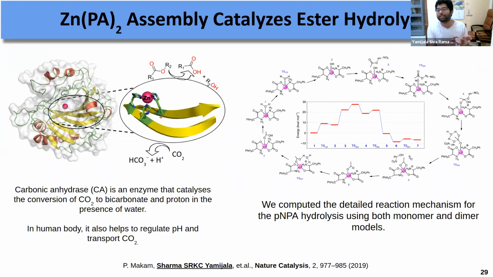So this supramolecular assembly mimics the carbonic anhydrase activity, where carbonic anhydrase is an enzyme that is present in various organisms, including humans, and its main purpose is to convert the CO2 which is there in our blood into the bicarbonate as well as the protons in the presence of water. So it actually regulates the pH levels in our body, and it helps us exhale the CO2, so that it can pump the CO2 from the blood into the lungs.